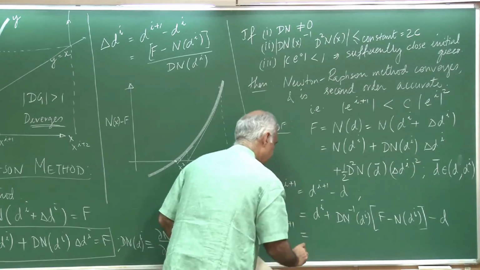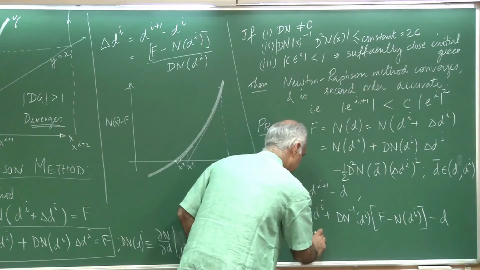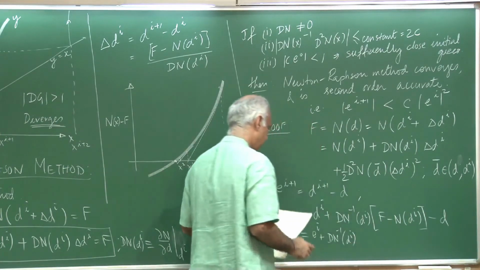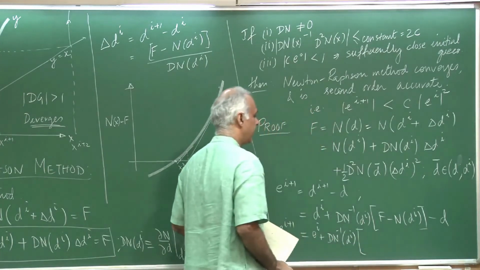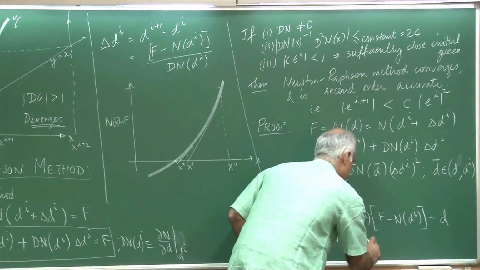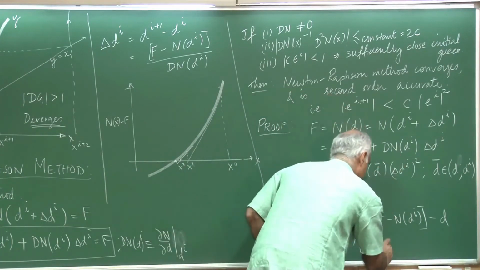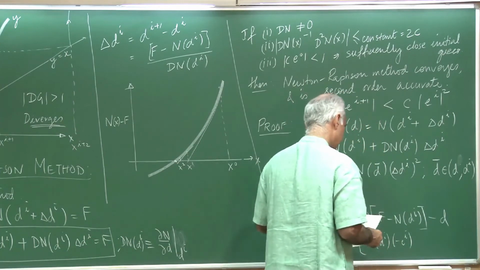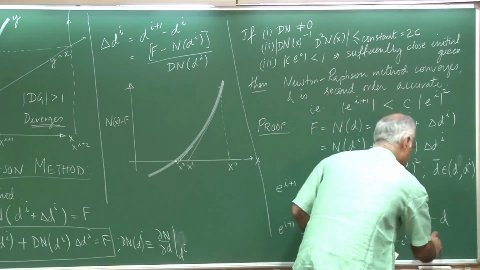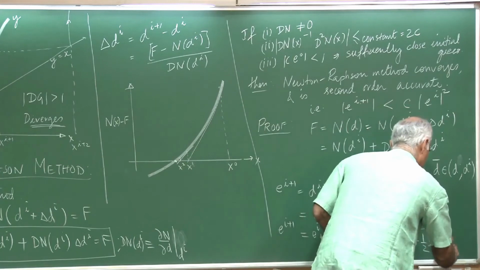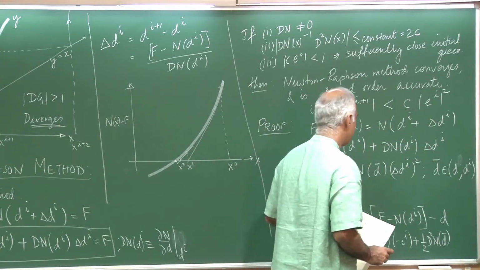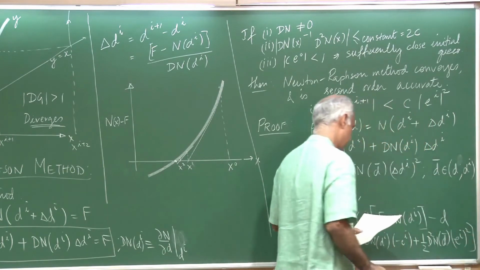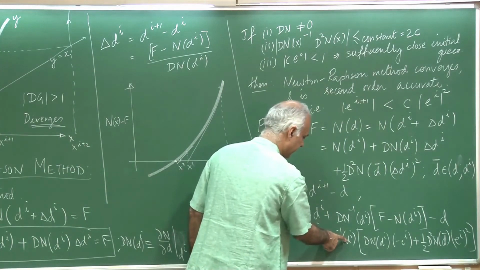So e_i plus 1 is going to be given as d_i minus d, which gives me simply e_i, plus dN inverse of d_i, and the remaining terms I get are dN of d_i times minus e_i, plus half of d squared N evaluated at d bar times e_i whole squared. Now I can use the operator dN inverse and simplify this.